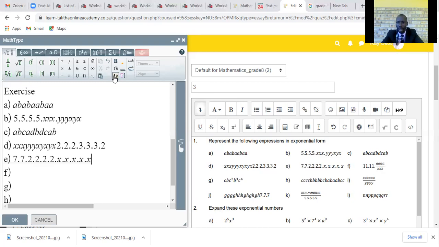Then we will go to F. F is a little bit different. Yes, we have F there. Well, let's put it down. So this is going to be 11 times 11 times A.